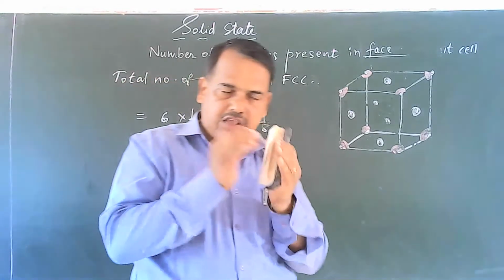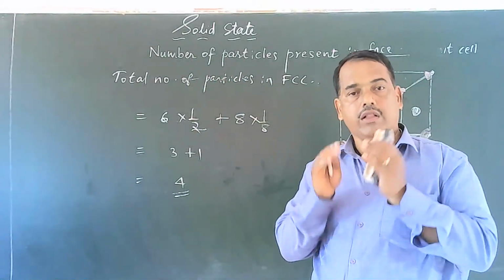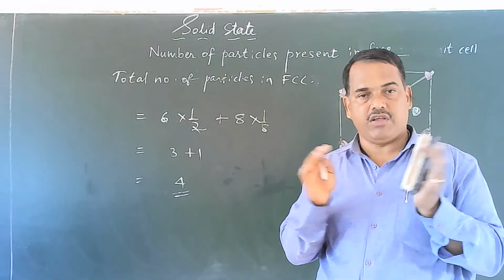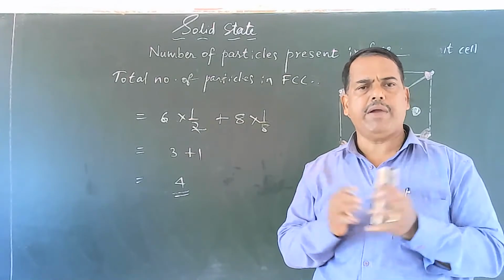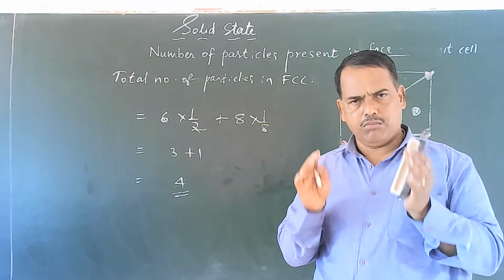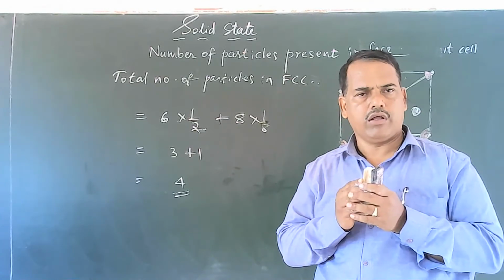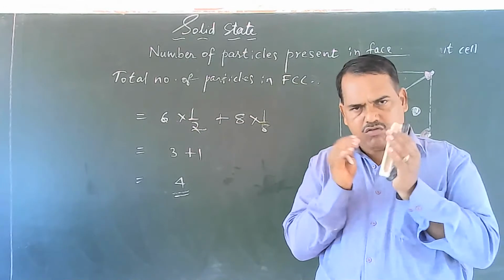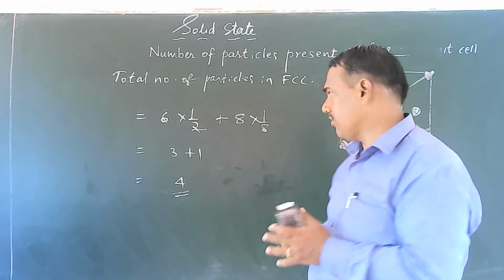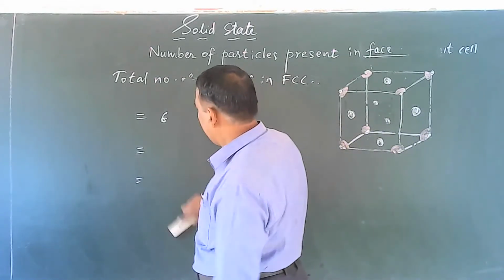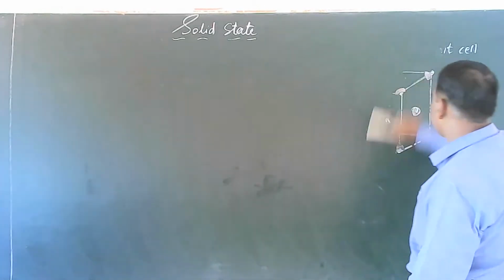Now, how they are packed with each other is called packing efficiency. What do you mean by packing efficiency? The space occupied by the particles, the space occupied by the spheres. That is the packing efficiency. We shall study how these particles arrange, one by one.